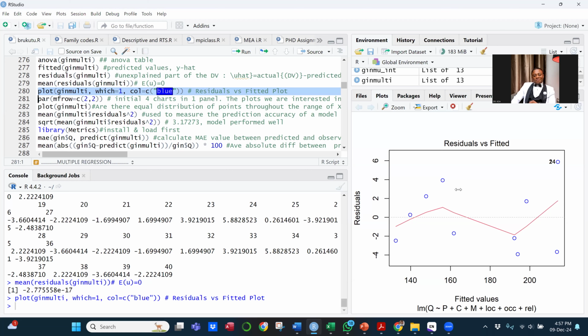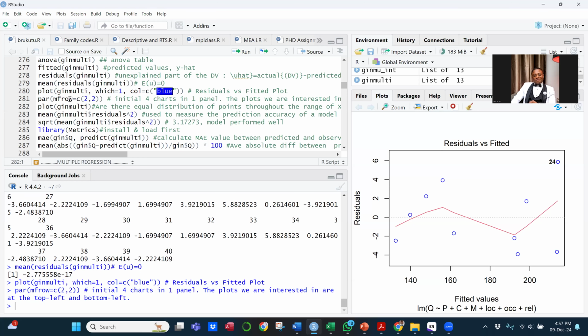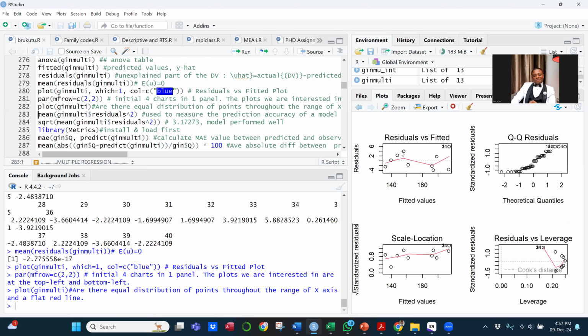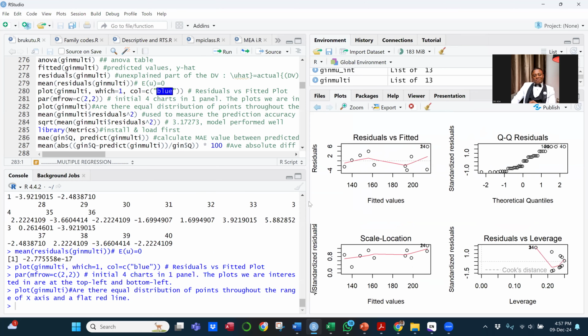I will show you properly when we are looking at diagnostics how these residuals are supposed to show. Anyway, the next command will show you the results in multiple graphs so that it becomes clear. So this is another plot of the residuals. When you do this plot, it gives you all the residuals for all of them. Different ways of looking at the residuals. You can look at the residuals versus the fitted.